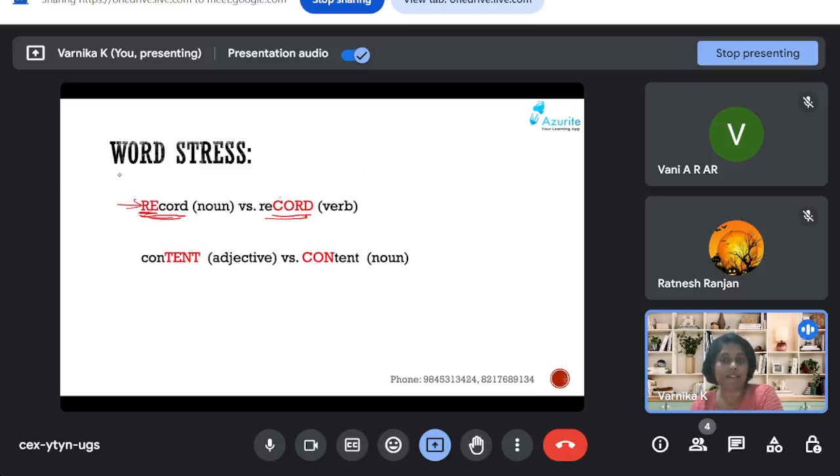But if I stress the other part of the word, record, it will become a verb. It is the action to capture something with the camera, right? It's the action word, record. Okay, so the meaning of the word changes based on where you're stressing within the word as well.